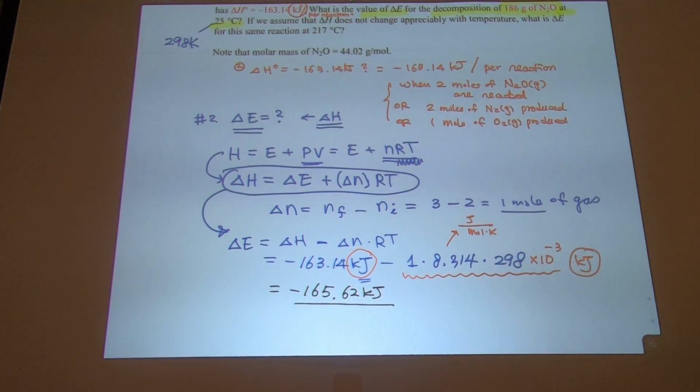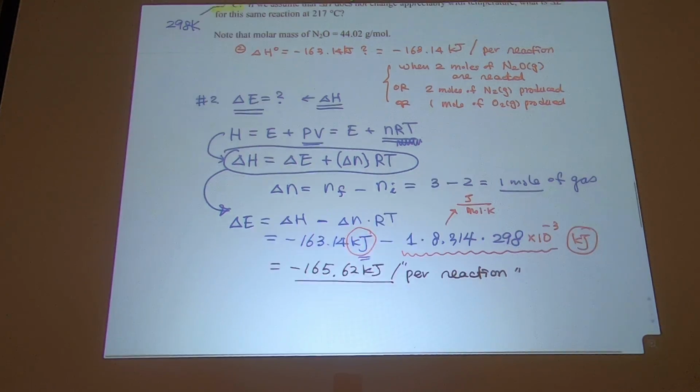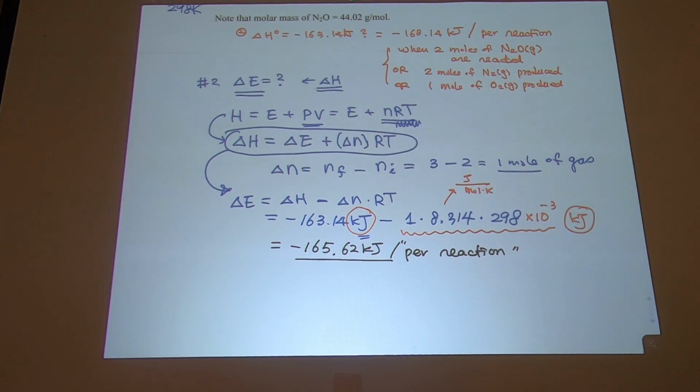The real answer I'm looking for is different. To make it clear, I'm still dealing with per reaction written as it is. What that means is the one that is relevant is when you have 2 moles of N2O gas reacted, and that's the information when we say per reaction.